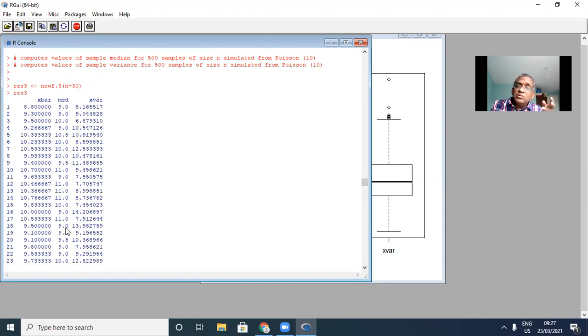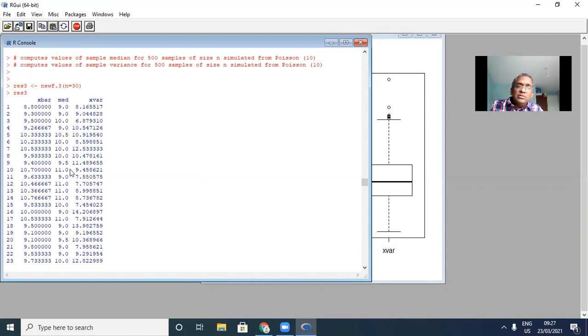Because the Poisson distribution, remember, is a discrete distribution, it can only take integer values like 0, 1, 2, 3, etc. And therefore, the sample median can only take integer values or half integer values, and that's what you see here.